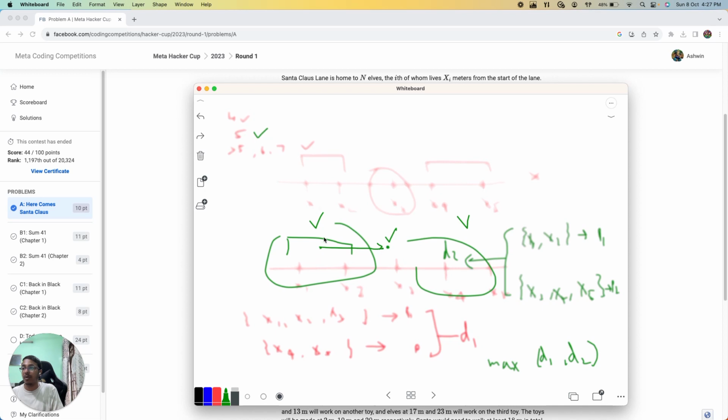We start from here, then go here and then go to the rightmost point. Whereas in the 4 and 5 case, Santa will travel from the leftmost point to the rightmost point. So there will be only 2 points.